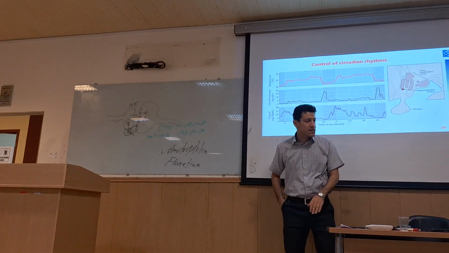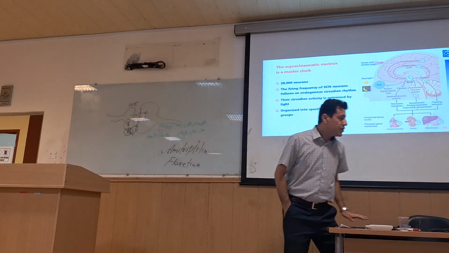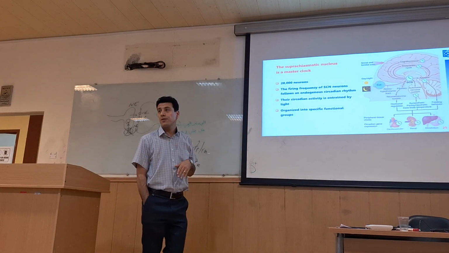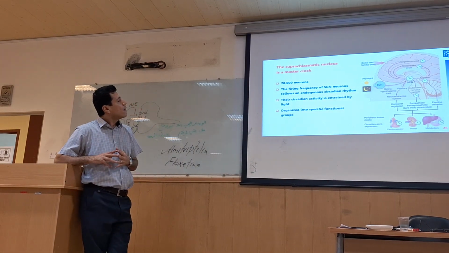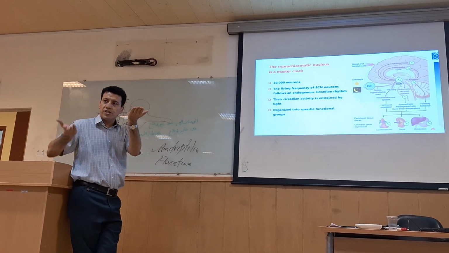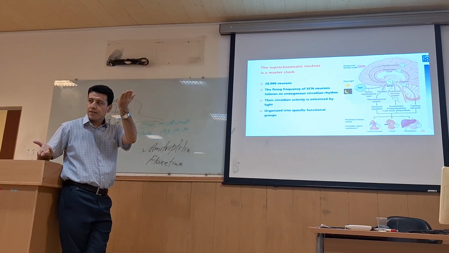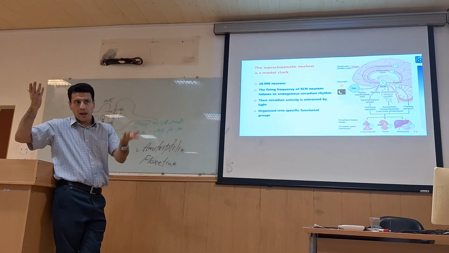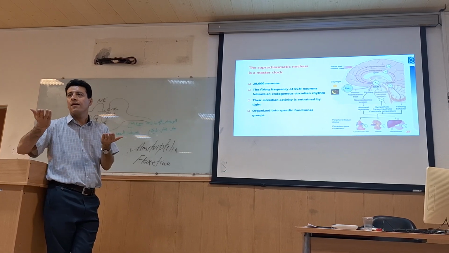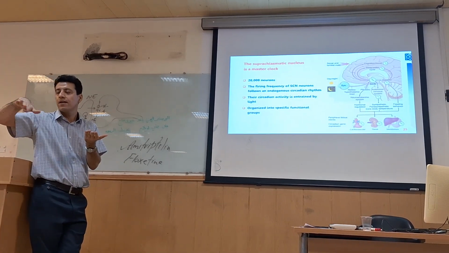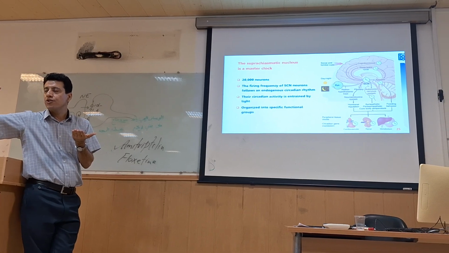This nucleus has several neurons, about 20,000 neurons, and these neurons show changes in the firing rate during the different times of the day, right? So during the day, they show more firing rate, and in the night, they show less firing rate.